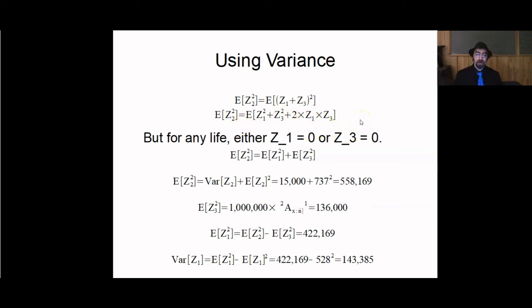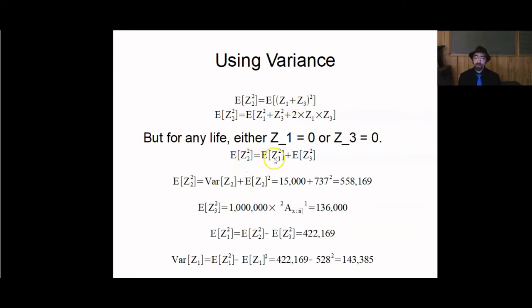And this 2 times Z1 times Z3 looks scary at first until you realize for any given life, either you die within the n years, in which case Z3 is 0, or you survive the n years, in which case Z1 is 0. So either Z1 is 0 or Z3 is 0. So that means 2 times Z1 times Z3 is always 0. I multiply two numbers together and one of them is 0, the product is 0. So I can just get rid of this term.